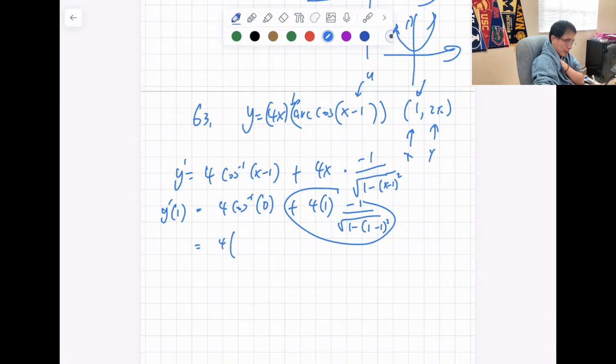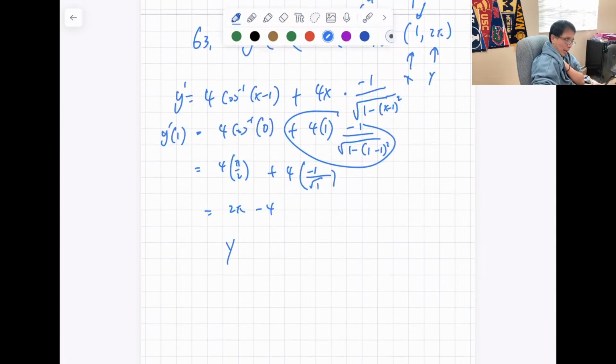Cosine inverse of 0 is going to be pi over 2, and a plus 4 times negative 1 over square root 1, right? Yeah. So it'd be 2 pi, minus 4, right? Minus 4. Okay, thank you. So y minus 2 pi is equal to 2 pi minus 4 times x minus 1.